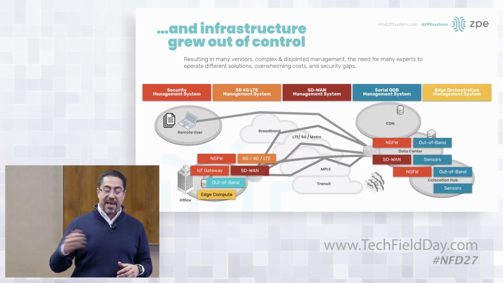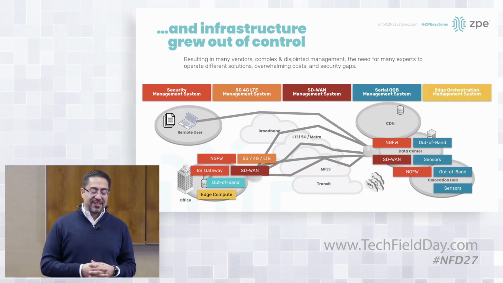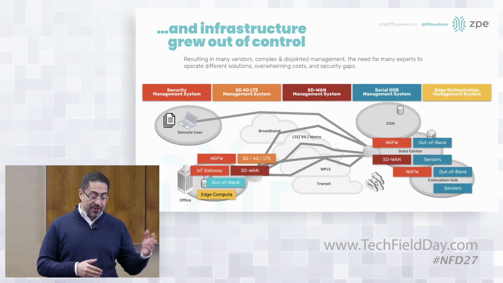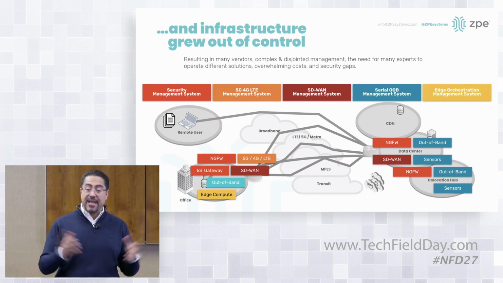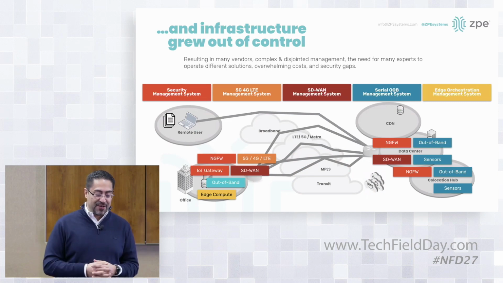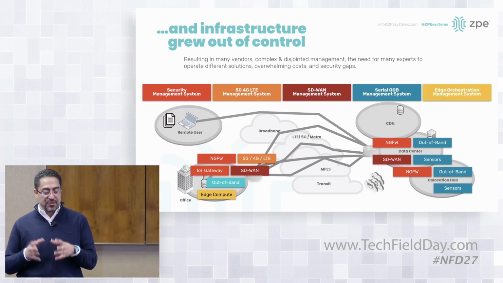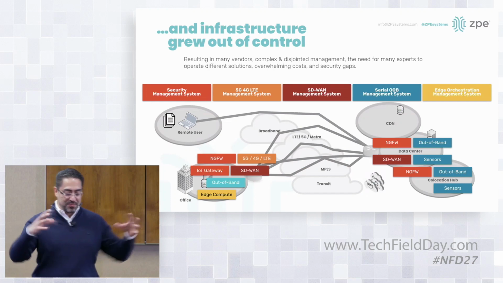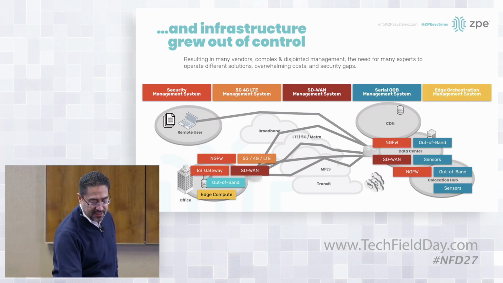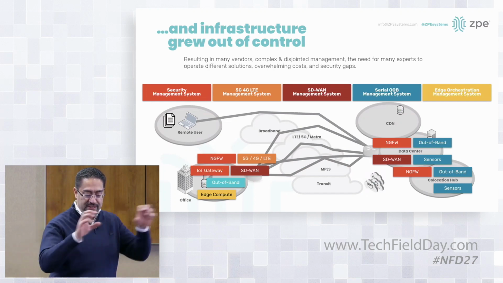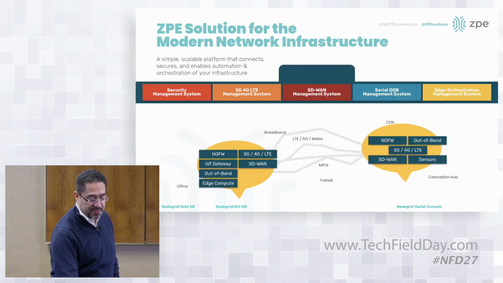Then out of band to remotely troubleshoot things, sensors. IoT stuff came about. And then edge compute, right? A whole bunch of things now have to be managed at these edges. So it's actually a lot more complicated to put your arms around all of this equipment and solve all of these disjointed systems that are out there.